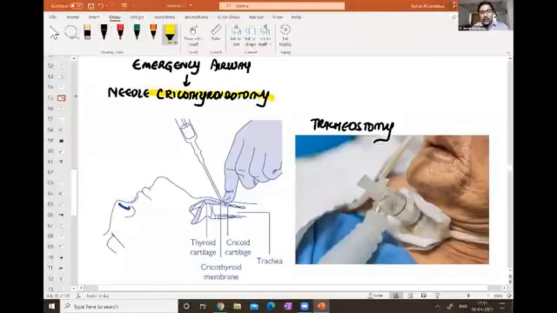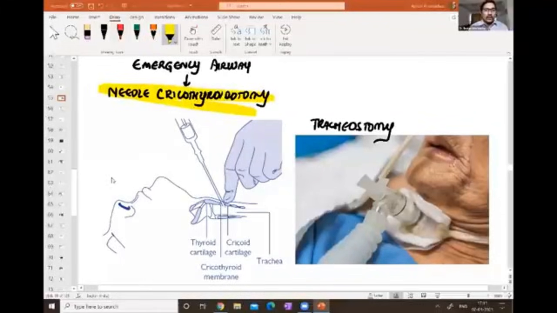This is if you cannot put in an endotracheal tube. This is how we will get an emergency airway. The definitive management, if you cannot put in a tube, is to make a tracheostomy. First, we do a needle cricothyroidotomy, then tracheostomy is the definitive management if a tube cannot be inserted.